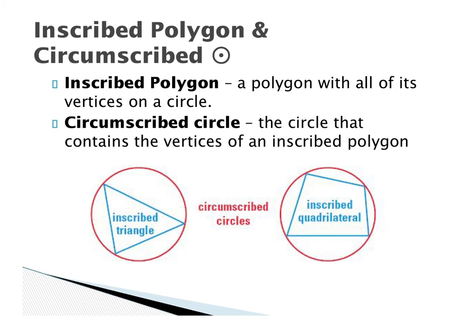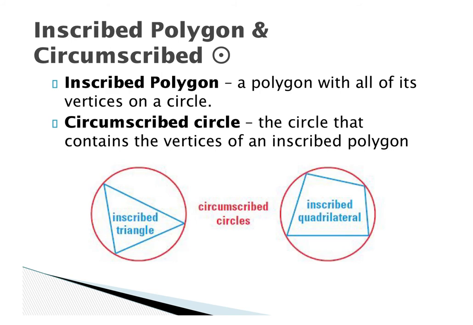Inscribed polygon and circumscribed circle, okay? An inscribed polygon is a polygon with all of its vertices on a circle. And a circumscribed circle is the circle that contains the vertices of an inscribed polygon, okay? So the red circles are what we consider circumscribed circles because they completely consume the figure, right?